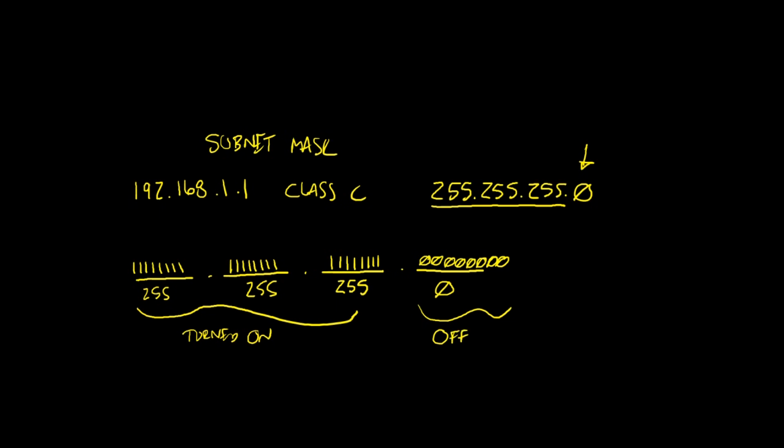A subnet mask is essentially telling you what belongs to the network and what belongs to the host. So we can say that all of these here can be written this way. Since we have 8 bits turned on, all 8 of these belong to the network. All of these belong to the network as well, in addition to this one.